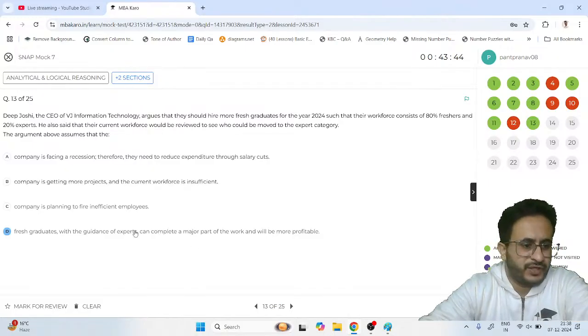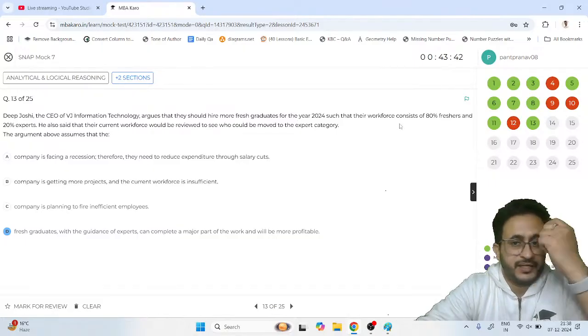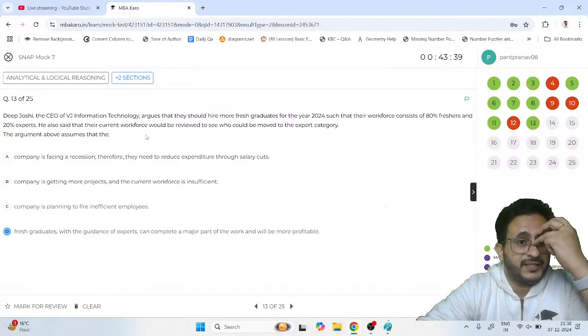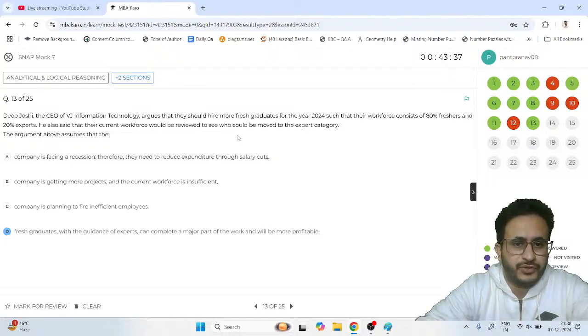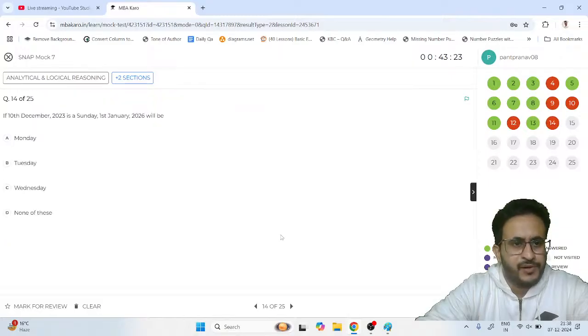So that is what the assumption is, because they are more of freshers and the current workforce would be reviewed, so they could be moved to the expert category. So possibly they may go for this, to make it more profitable.